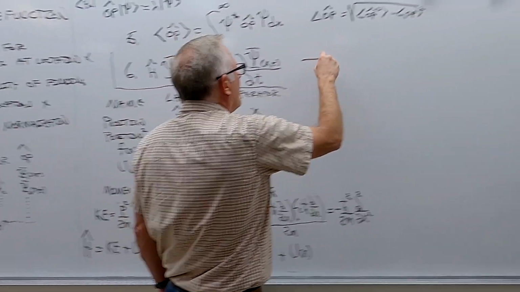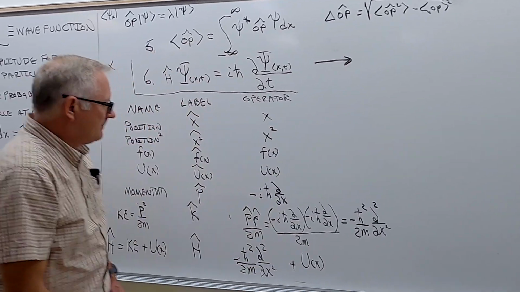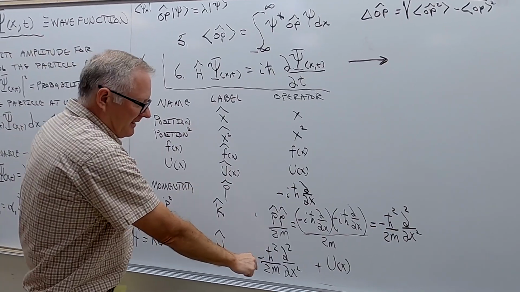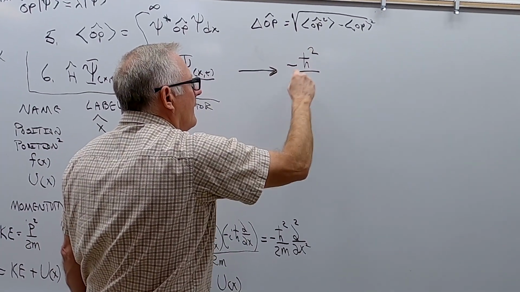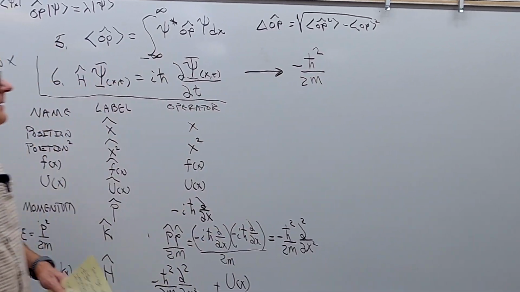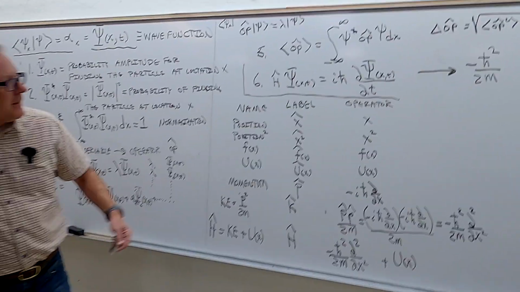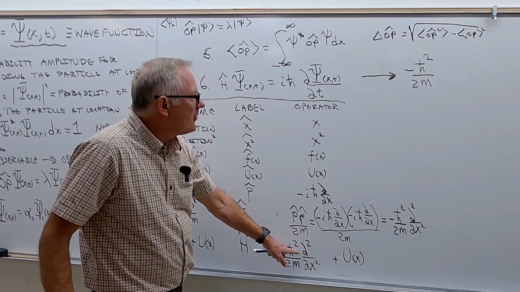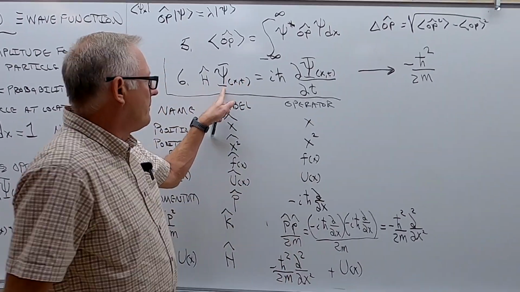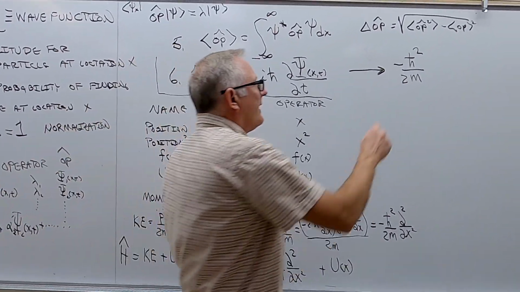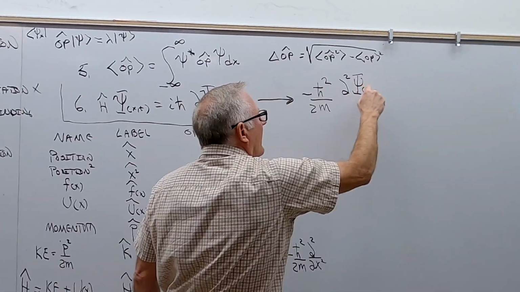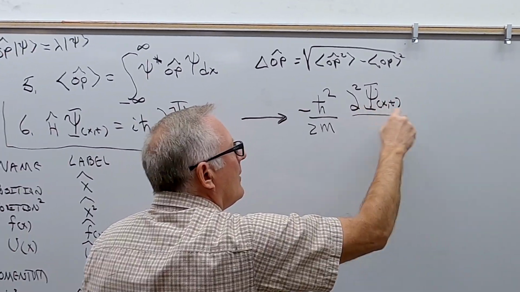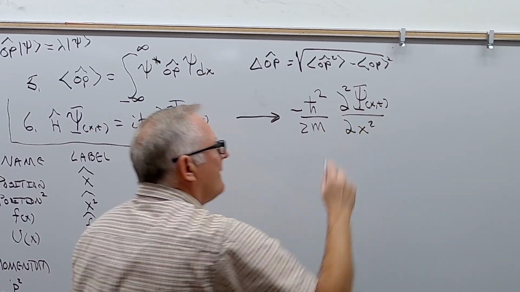So this equation right here becomes minus h bar squared over 2m times the second derivative of psi of x and t with respect to x squared.